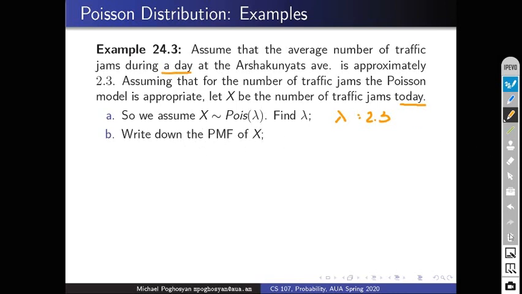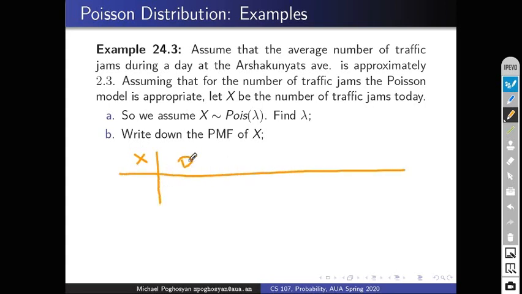So the PMF of x, let me erase this and write on the board. x is taking the following values: 0, 1, 2, etc. And the probabilities are: the probability that x will take the value 0 is e to the minus lambda, and lambda was 2.3, so e to the minus 2.3.